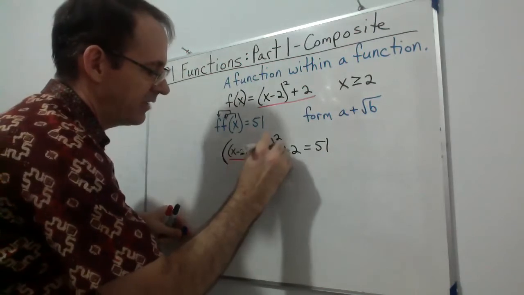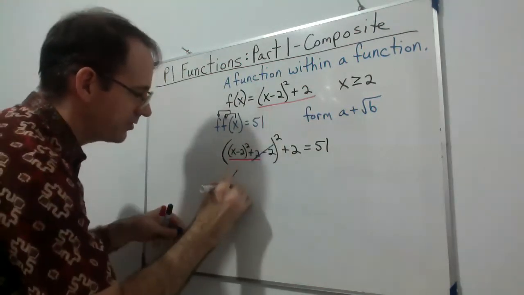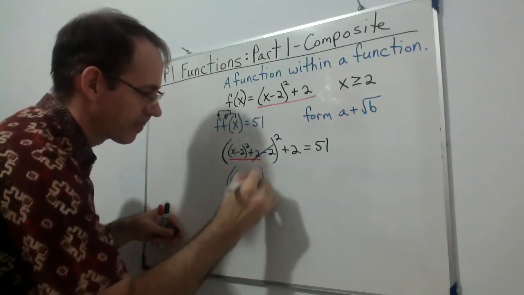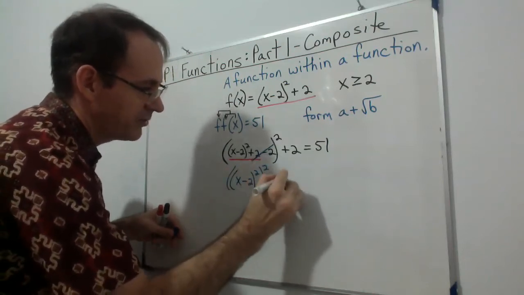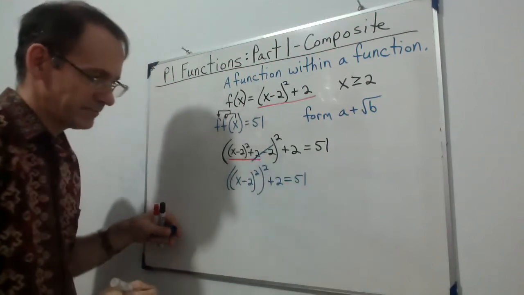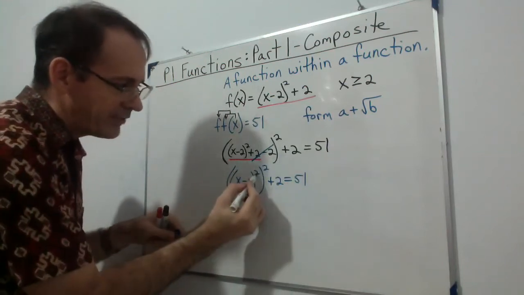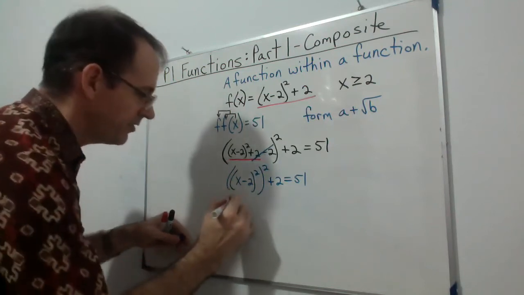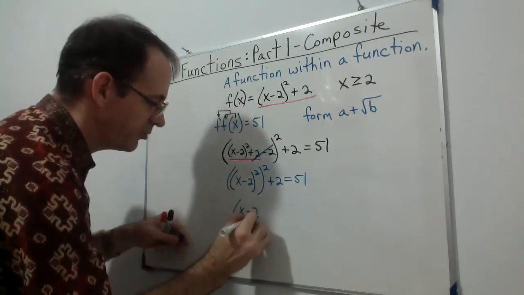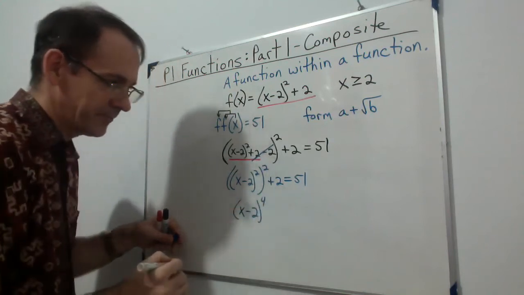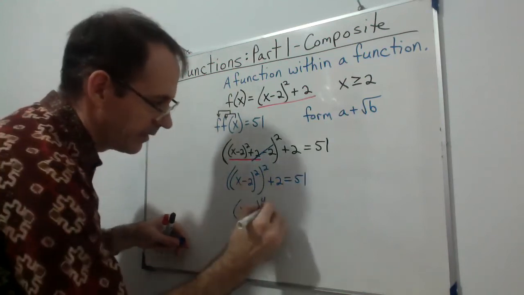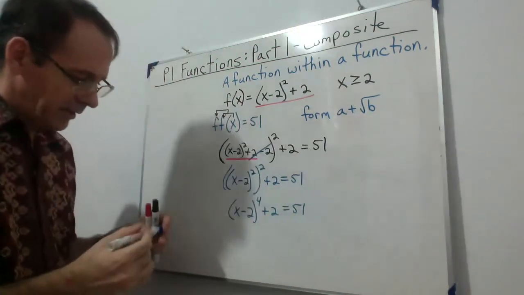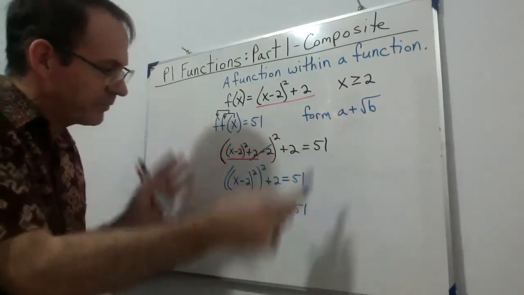So this cancels out, and it leaves us with an x minus 2 squared plus 2 equals 51. Well, when you have an exponent raised to an exponent, you just multiply. So this is really an x minus 2 to the 4th power, okay? Plus 2 equals 51. So now we've simplified that.